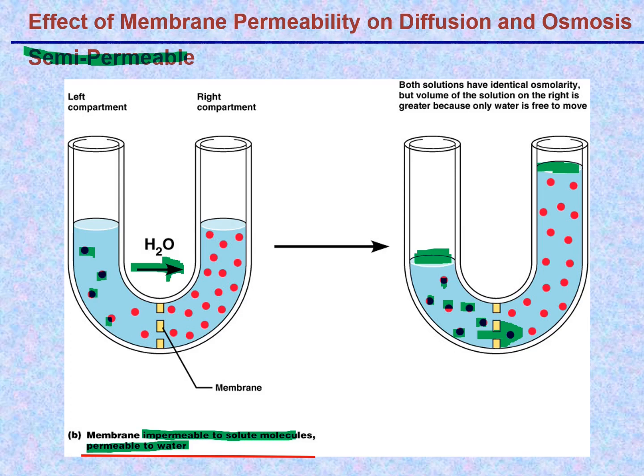So you start getting a higher concentration here than it was before, and the volume on that side is lower than it was before.